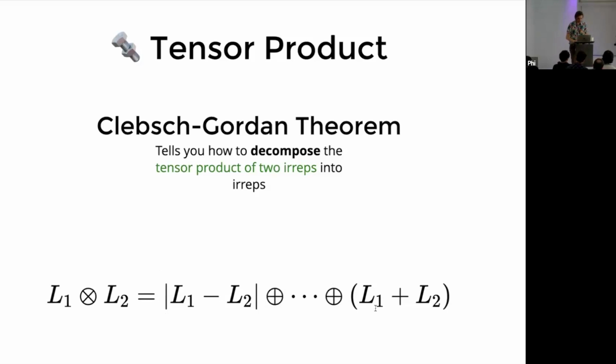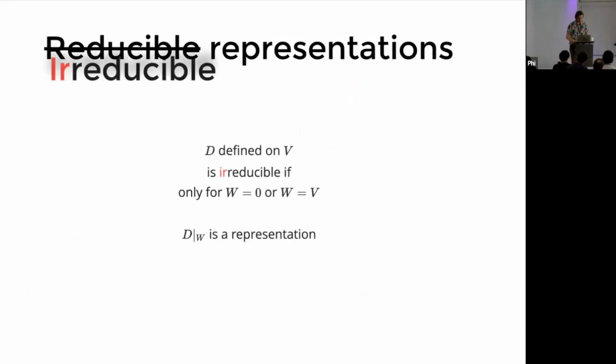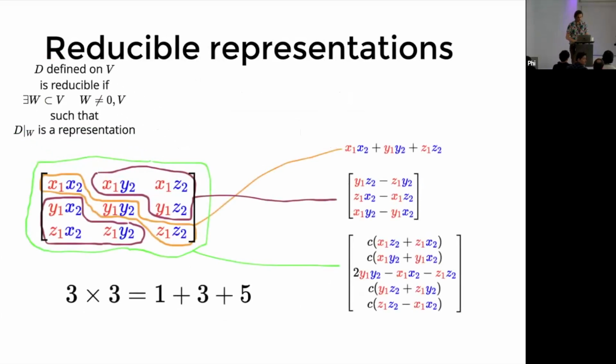If we take the example I've shown here, we had two vectors. It was therefore L equals 1 for the two inputs. So 1 minus 1 gives you 0, 1 plus 1 gives you 2. So you get all the representations between 0 and 2, which are of dimension 1, 3, and 5, because here it's the dimensions.